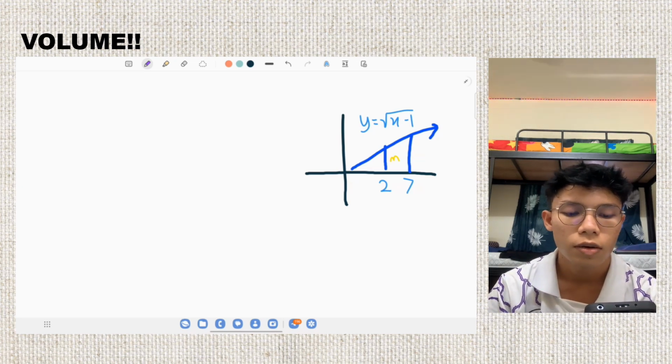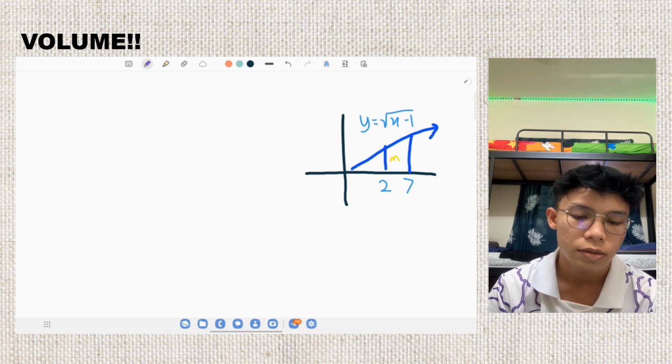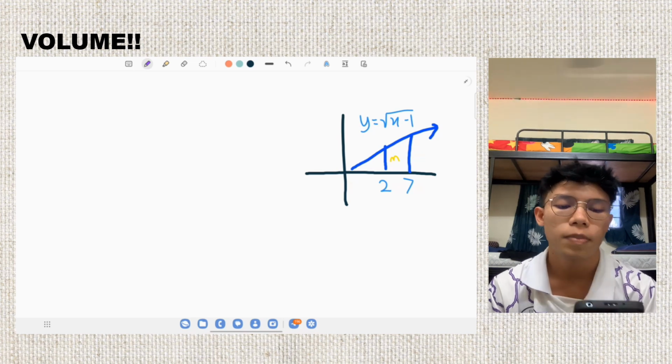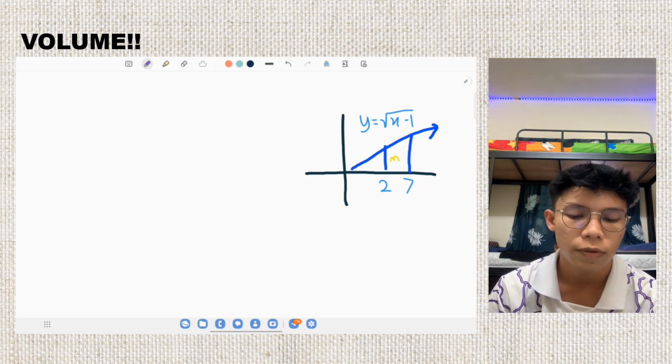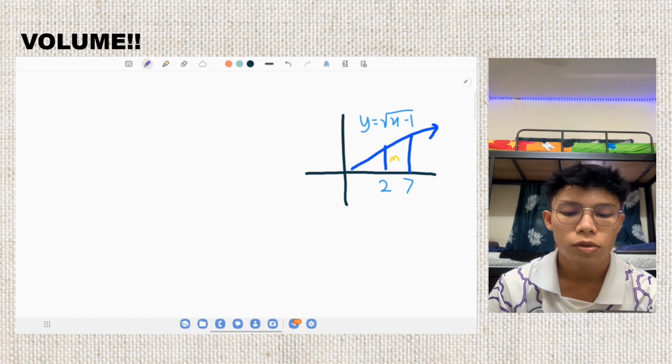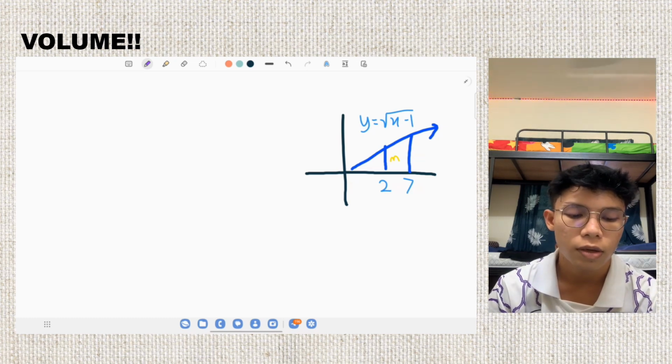This cross section is a circle, and we know the formula for that is pi r squared. So our volume is going to be from x equal 3 to 7, because the area is pi r squared, and we will figure out what r is in a second.